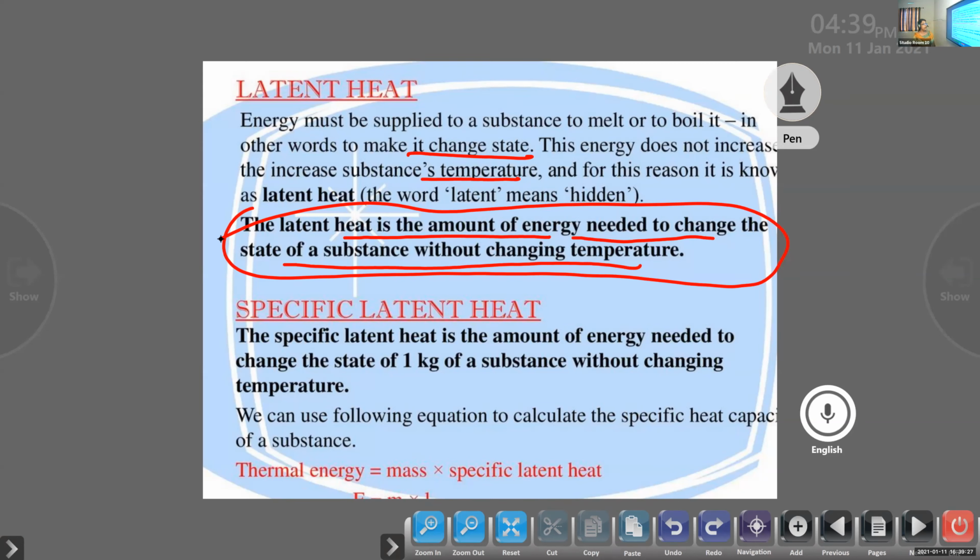You understood, no? In the case of ice at its melting point, we already know ice is at 0 degrees Celsius. As you go on giving heat energy, there is no change in the temperature of the ice. It is still 0 degrees Celsius till it becomes fully water.